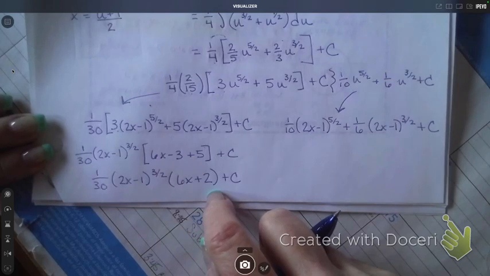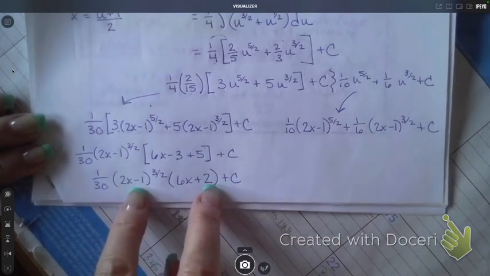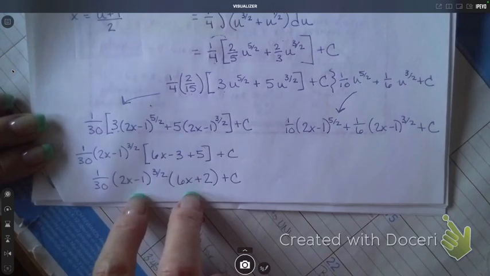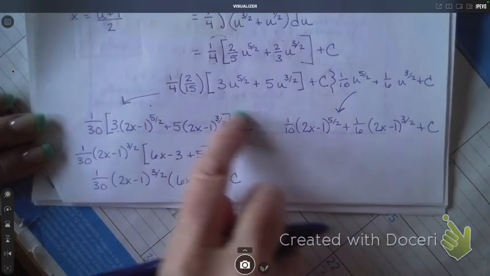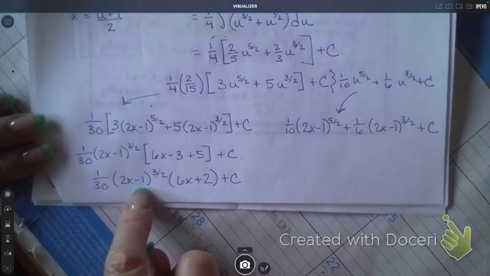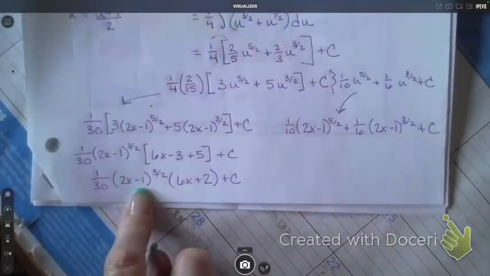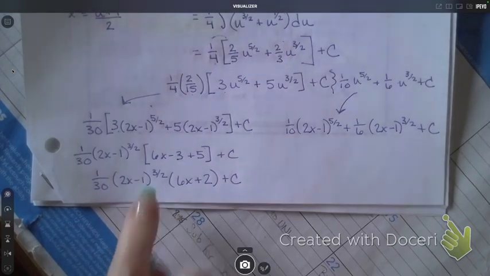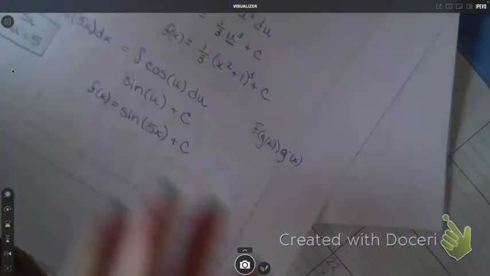Especially if I had to plug in X and Y, wouldn't this one be much nicer to plug it into? So knowing how to simplify can make my life easier in the end, can't it? We got a cosine sine one. How about that one? We probably should do that, shouldn't we?